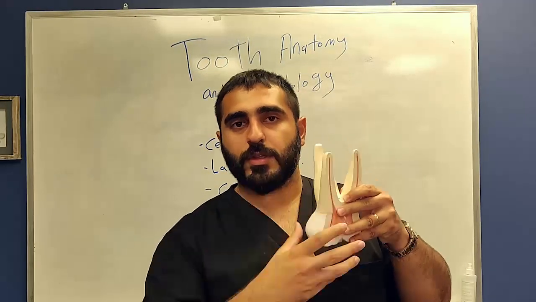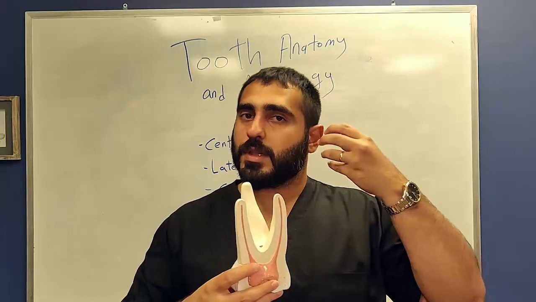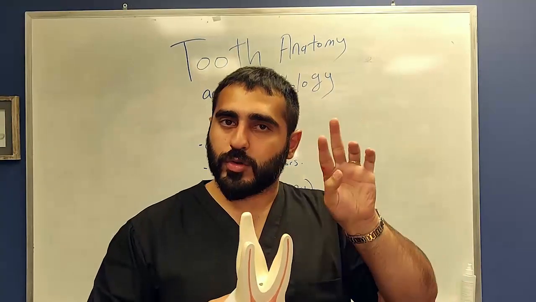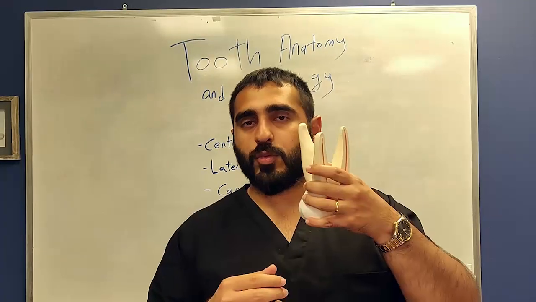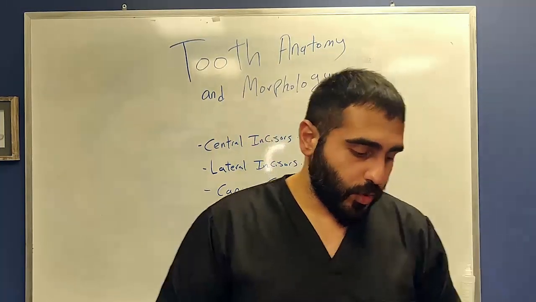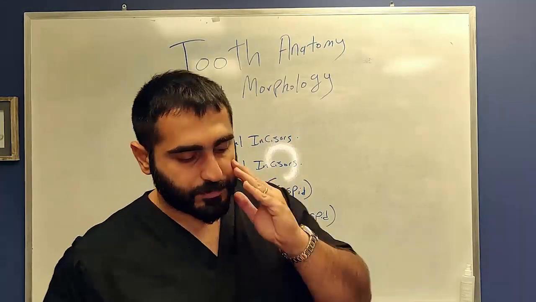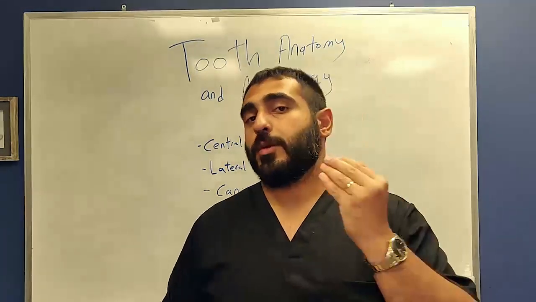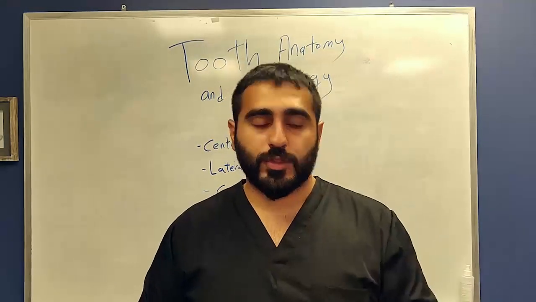Mesiobuccal is towards the mesial, distobuccal is away from the midline, but both are buccal, towards your cheek, and this would be lingual, towards your palate. So again, your maxillary molars will have three roots. Your mandibular molars will have two roots.